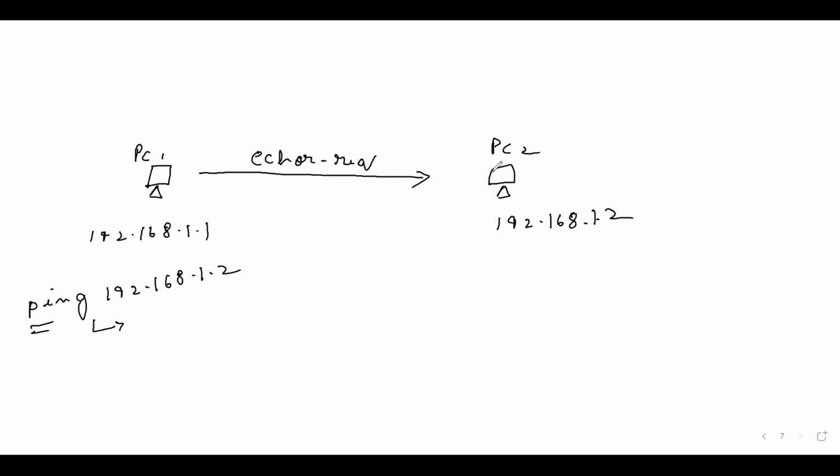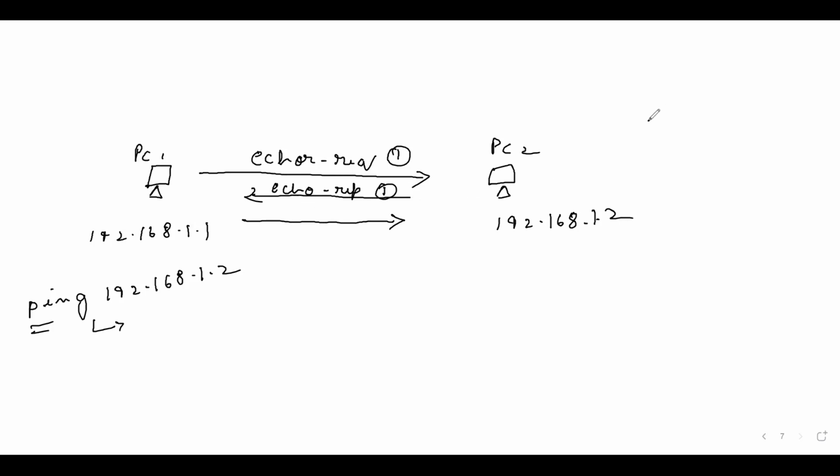If PC2 is online, it will reply. Suppose it was the first packet, it will reply echo reply 1. According to your machine, it will send packets.